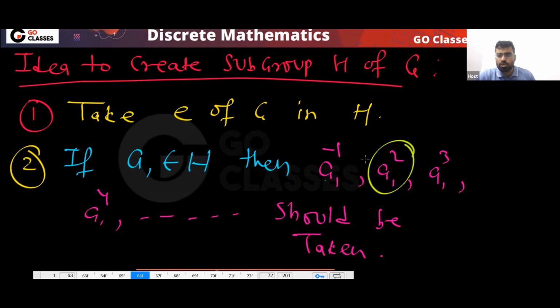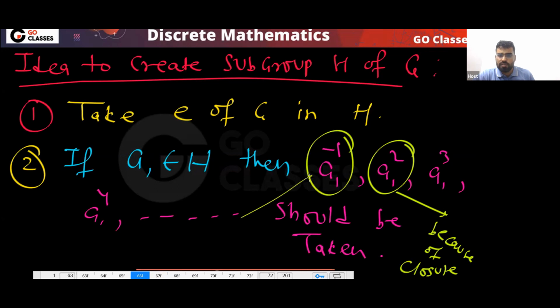These are taken because of closure property, and this is taken because of inverse property.